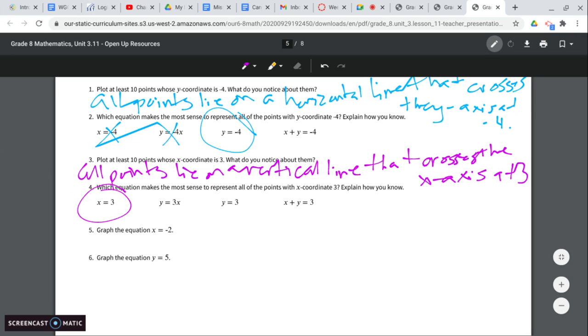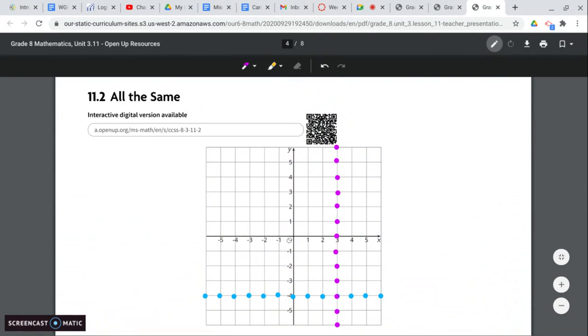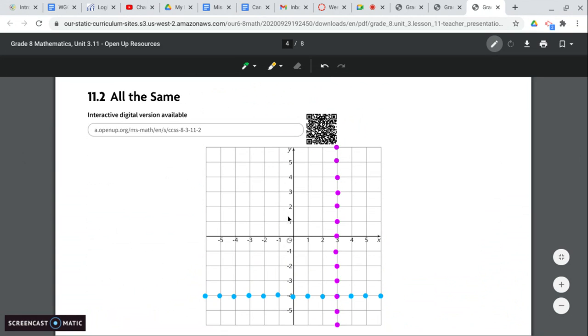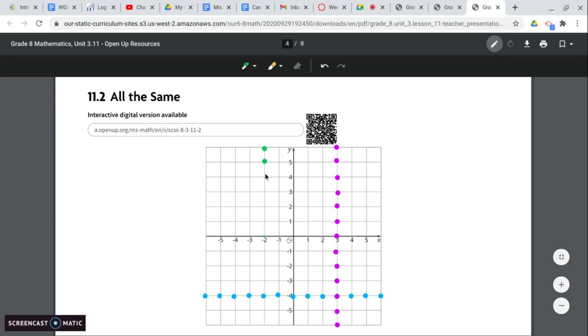So now for 5 and 6, we want to graph the equation x equals -2 and y equals 5. So if x equals -2, that's over here, and we're going to have a line that goes vertically because it's an x equals, and all our x values have to be -2.